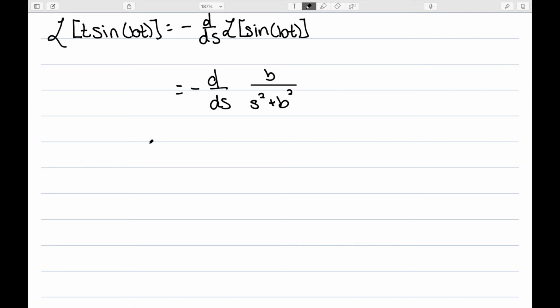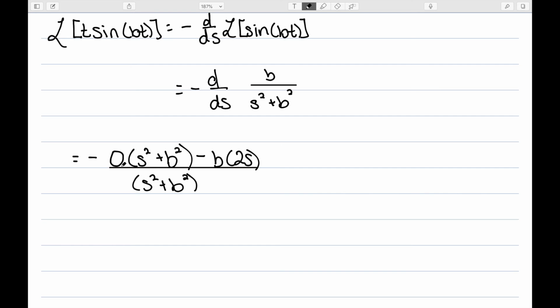Well, we see that this is a quotient, so when we take the derivative, I'm going to have this negative floating around. The derivative of the top is 0 times the bottom minus the top times the derivative of the bottom, which will be 2s, all over the bottom squared. So this whole term here goes to 0.